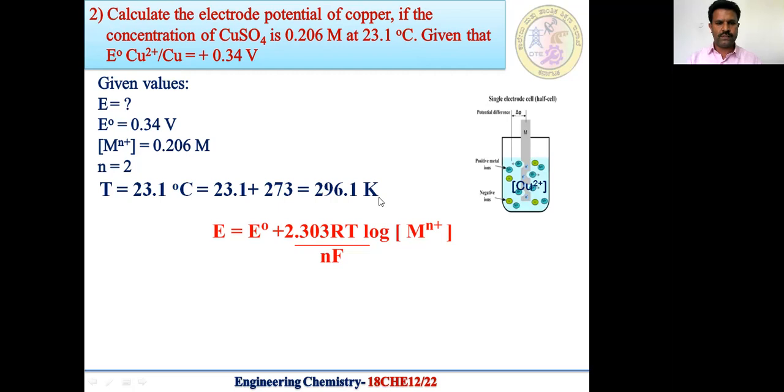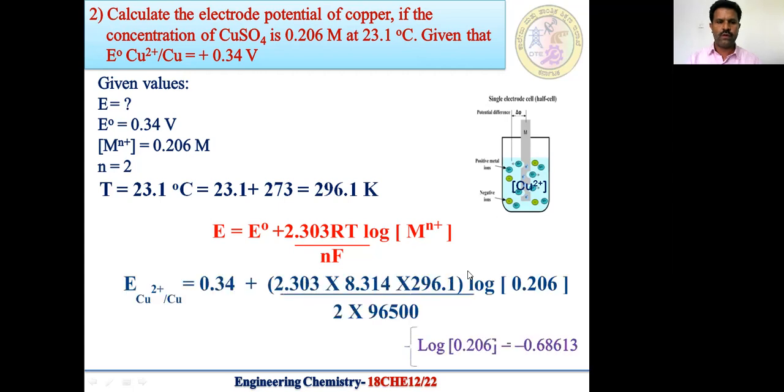So if we substitute the given values into this Nernst equation, E is equal to E naught value 0.34 volt plus 2.303 into R value 8.314 and temperature 296.1 divided by n, which is 2, and the value of F, 96,500, log of the concentration of the copper sulfate solution, that is 0.206.